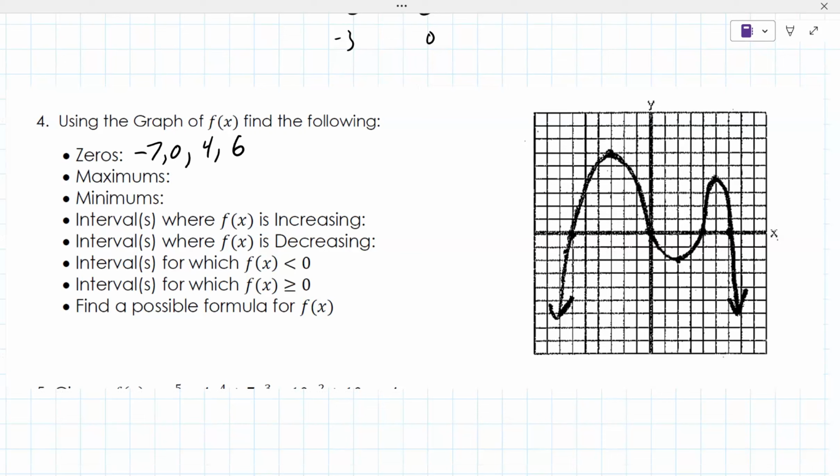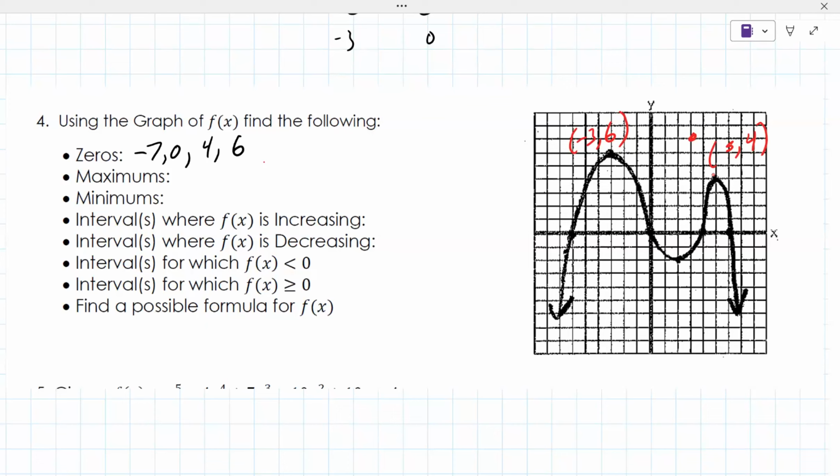And then the maximums are -3, 6, and then 5, 4.